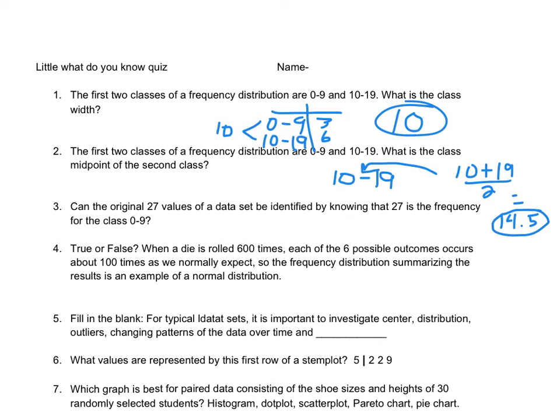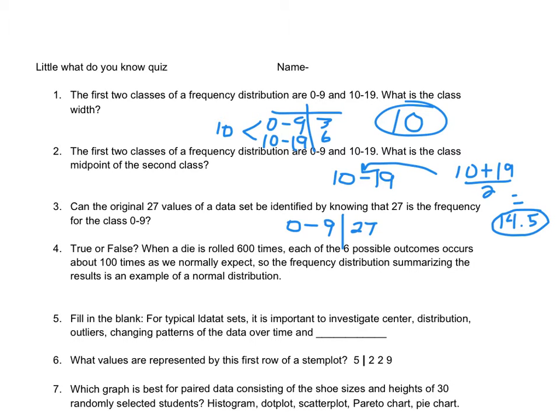Number three, can the original 27 values of a data set be identified knowing that 27 is the frequency for the class 0 to 9? So last one here on a frequency distribution. If you know that 27 is the number of data points that fall between 0 and 9, in other words, the frequency of the class 0 to 9, we can't get any of those data points exactly.